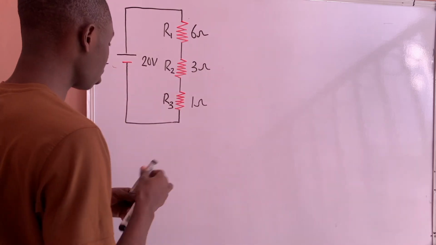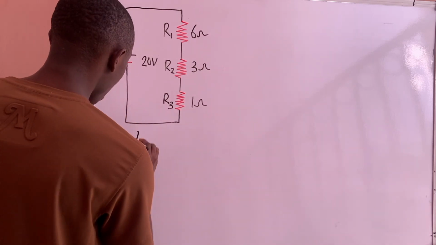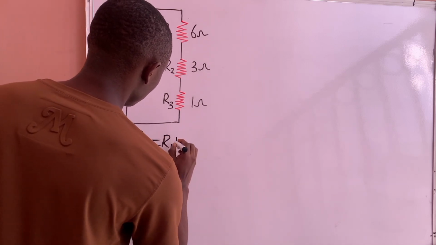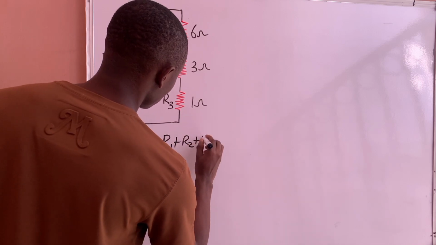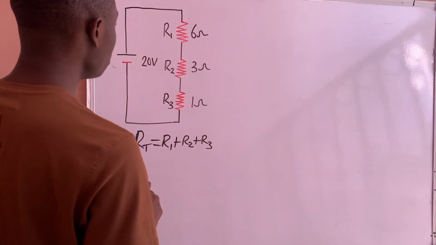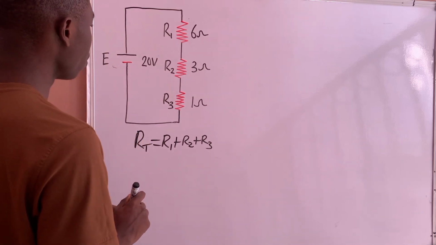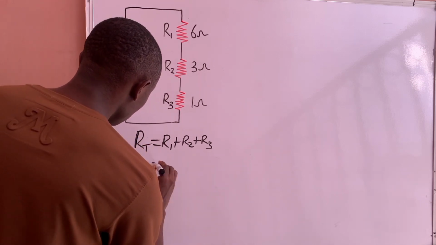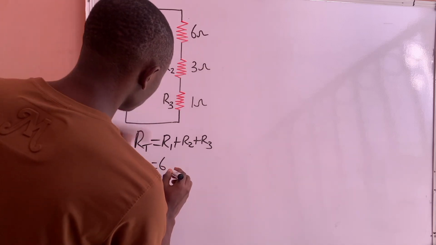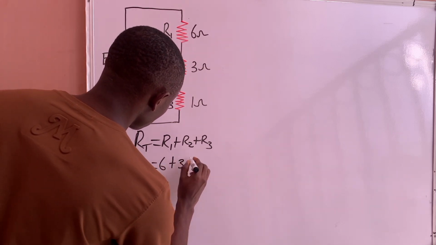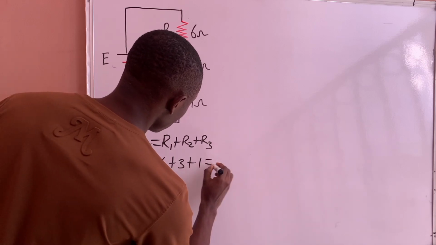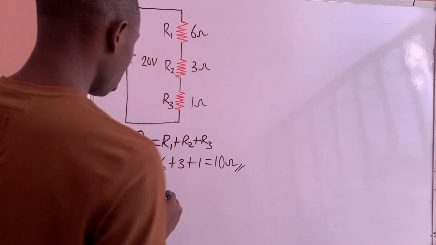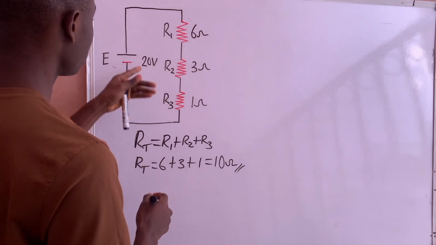So the total resistance of the network, R total, will be R1 plus R2 plus R3, the sum of the individual resistors in the circuit. That is 6 ohms plus 3 ohms plus 1 ohm, which is equal to 10 ohms. So 10 ohms is the total resistance in the circuit.